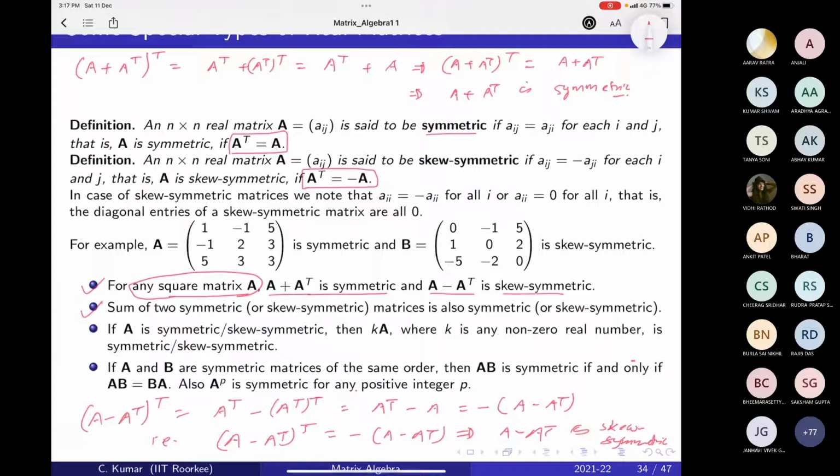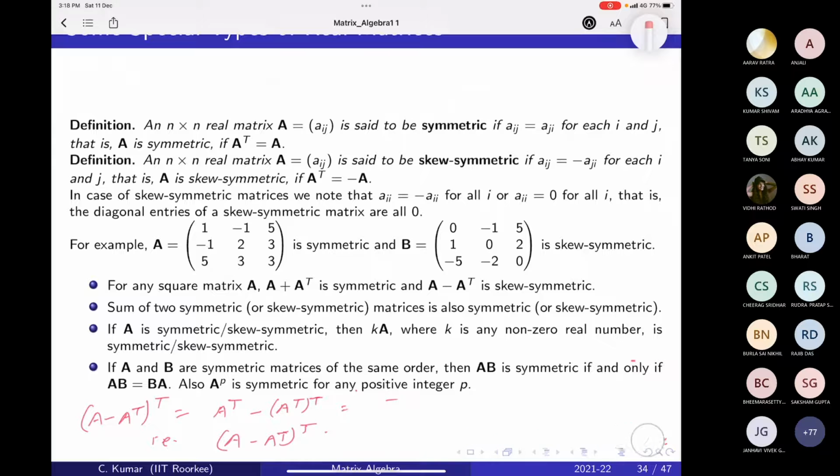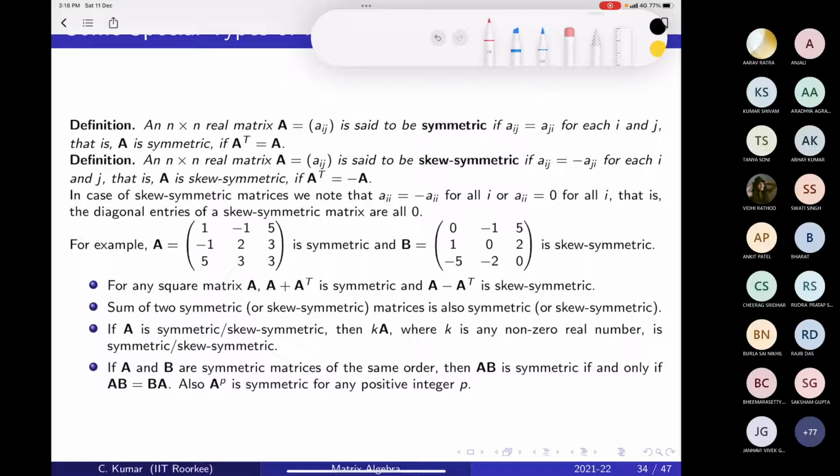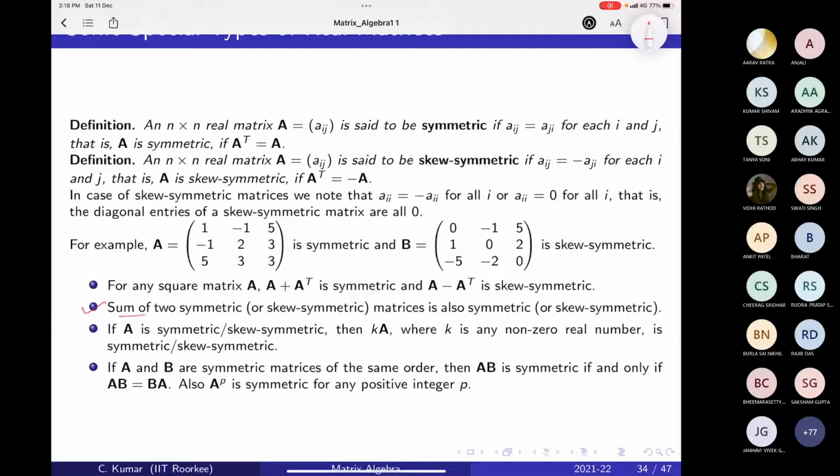Now the second property, sum of two symmetric matrices. Let me erase this first. This property says that the sum of two symmetric matrices is also symmetric. So let us say that I have a matrix A, which is symmetric, and another matrix B, which is symmetric.